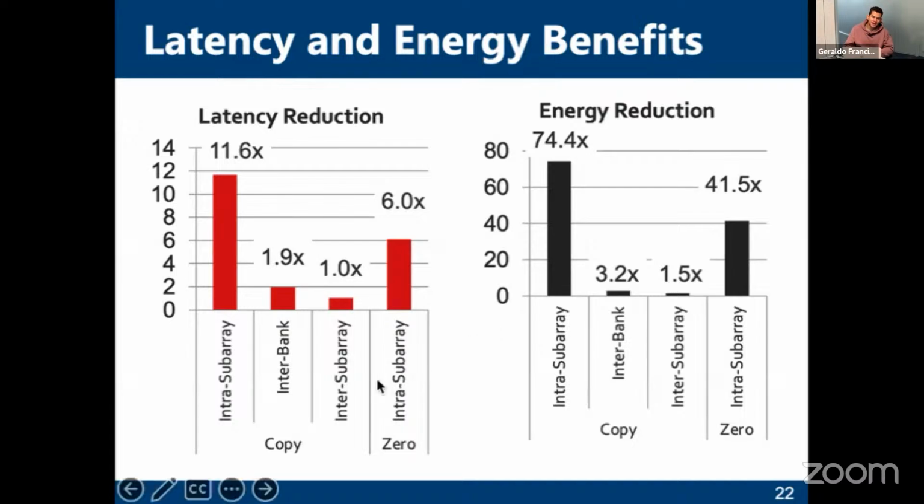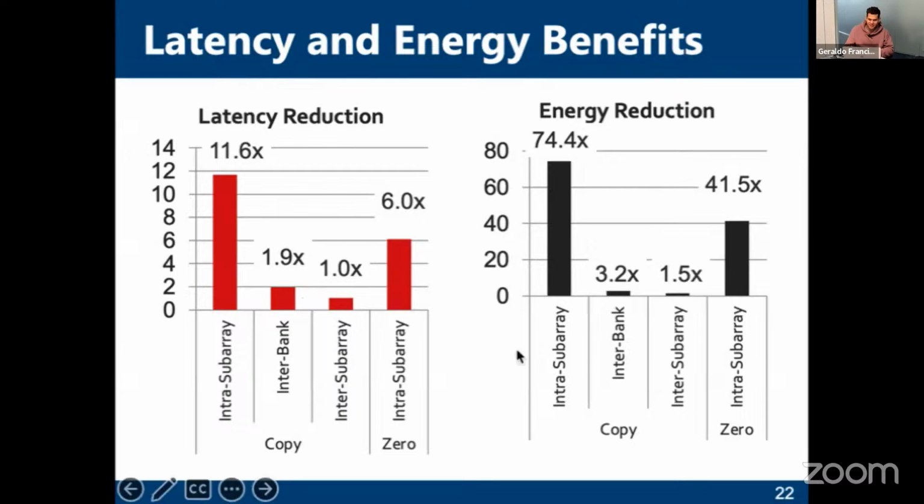Then if you want to move data across the DRAM banks, you need to do it in a pipelined fashion using read and write commands in the pipeline serial mode. This provides a smaller latency reduction compared to the intra-subarray operation, but it still improves on using the DMA engine to do so.